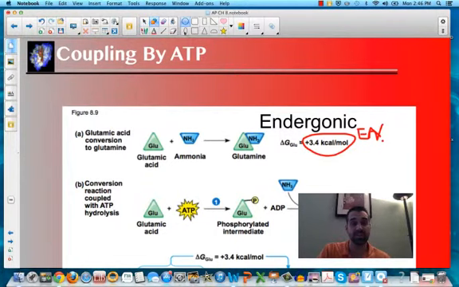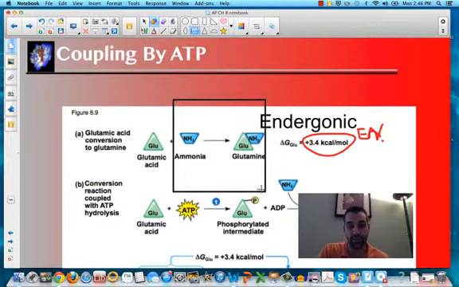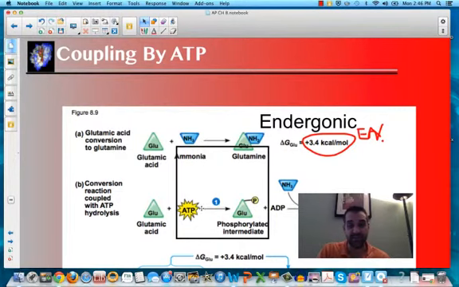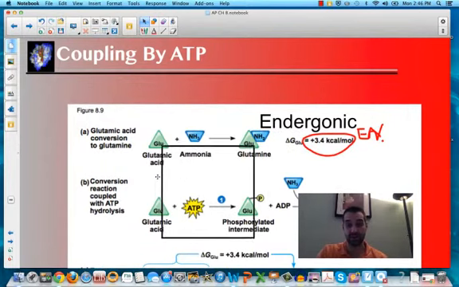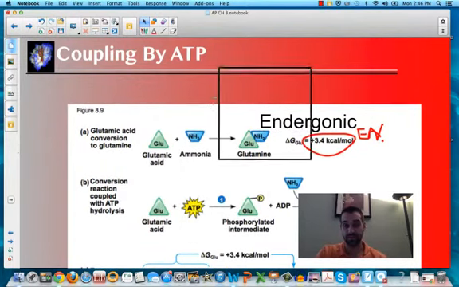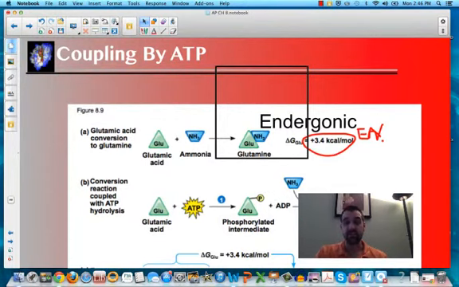So, once again, this process of ATP phosphorylating the intermediate is an exergonic process. It's releasing energy. Remember, though, that the overall equation that we're trying to deal with is an endergonic process here. Then the amino group can be added, and we form our substrate. And notice that we form our glutamine, and we've got ADP and the inorganic phosphate at the end.